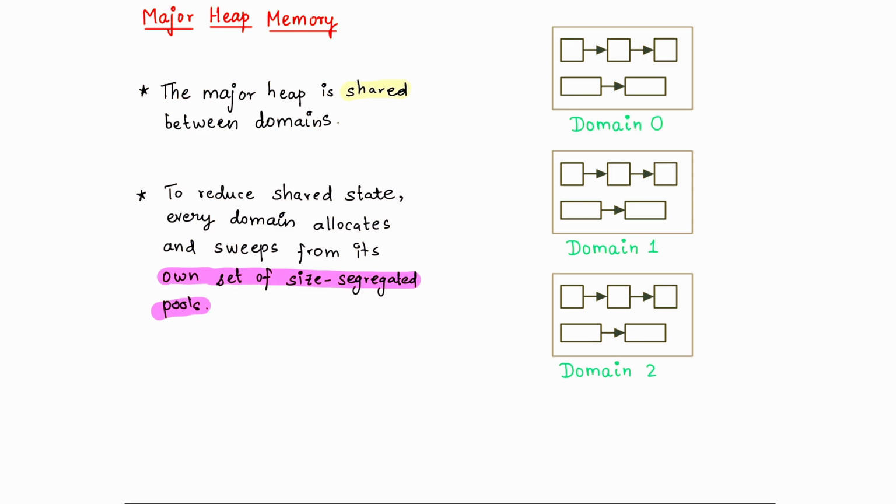The allocator has size segregated pools that are controlled by every domain, and every domain allocates only on its own pools and sweeps only its own pools, but it could mark objects that are controlled by other domains. This is essentially how the allocator and the collector interact in the major heap.